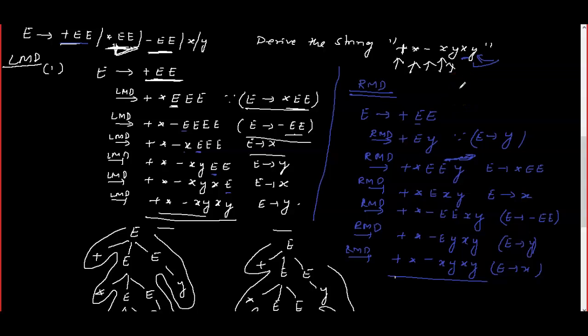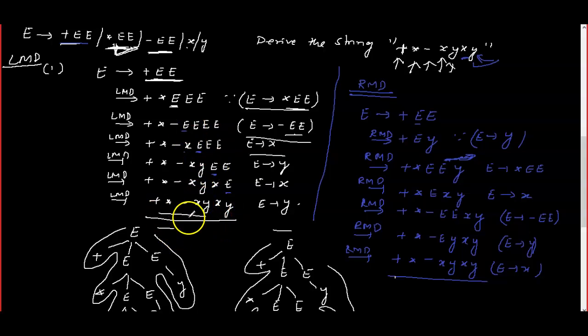Then the option is x, because we need x only. You cannot put y, because for the given string we have to substitute x only. So xy. So here there is no other way we can derive the same string.